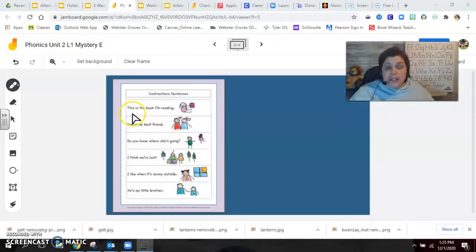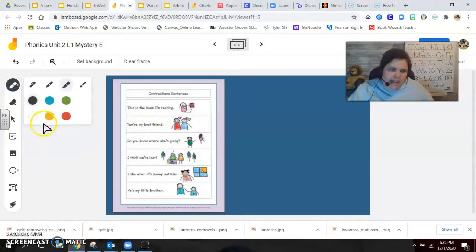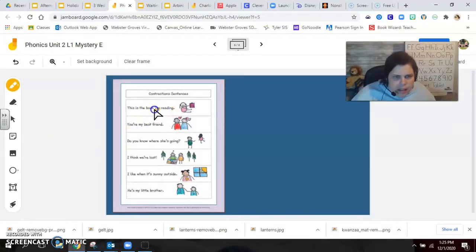So let me read this first sentence to you. This is the book I'm reading. Do you guys see that contraction? We know it's a contraction. We see that apostrophe right there. So what we have to figure out now is, what makes up that contraction? What two words go together to make this word?